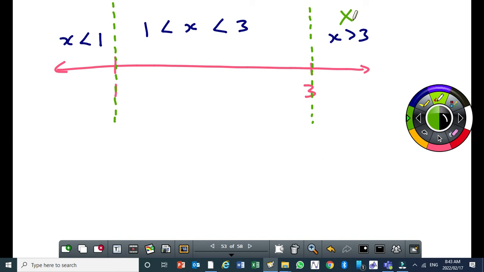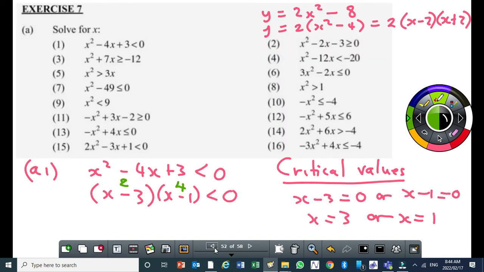Then let's move on to the second interval. Remember, I'm starting from the far right, going to the left. Now, can you choose any value between 1 and 3? It's always better to choose an integer. Any value between 1 and 3? 2. So let's put 2 there. If we put 2 where there is x, 2 minus 3 gives us minus 1.